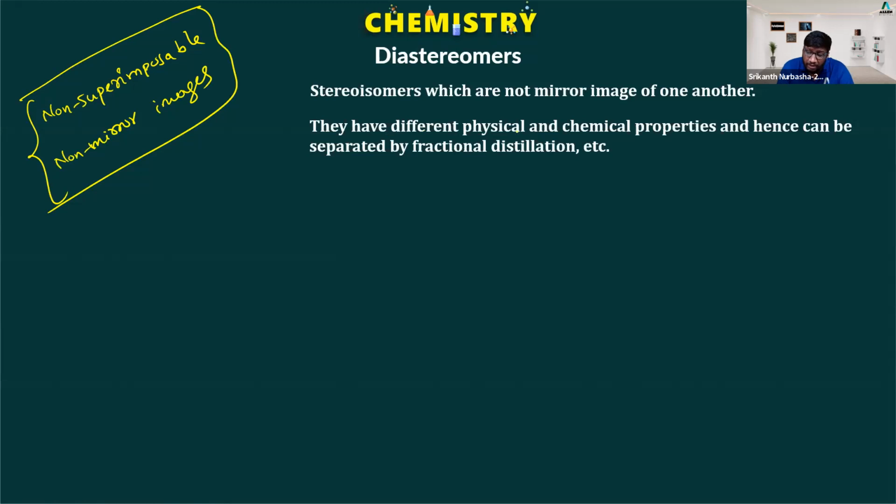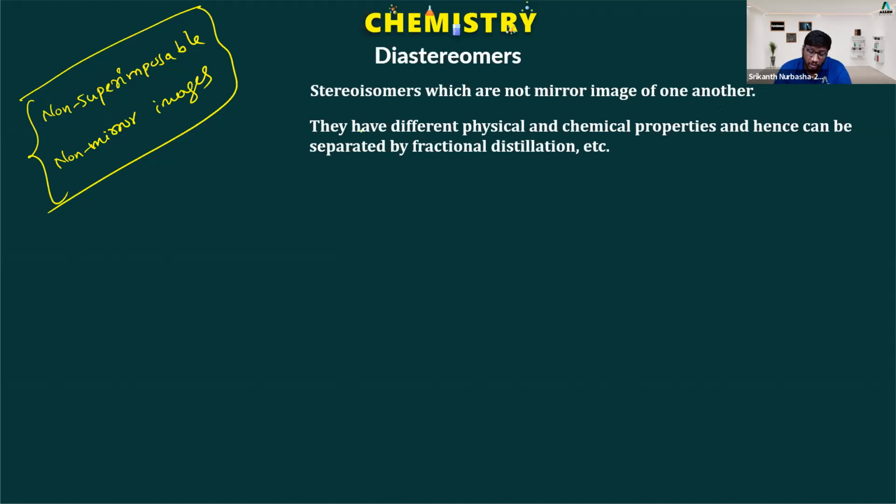They have different physical and chemical properties. If you talk of enantiomers, they have similarity in the physical properties, so they cannot be separated by fractional distillation.